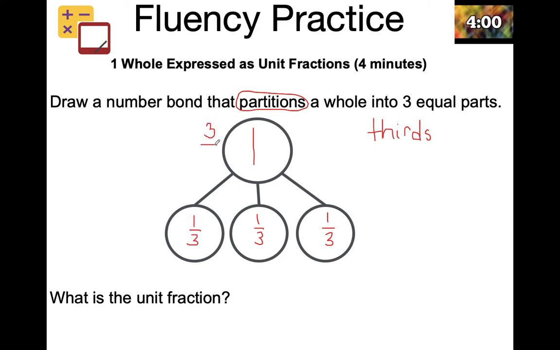So here's my 3 thirds, or 1 whole. Remember, if the numerator and the denominator are the same number, it's going to give us 1 whole. It means all of the parts are fully there. So what is our unit fraction? It's thirds, or 1/3.